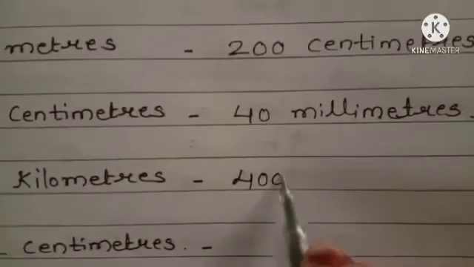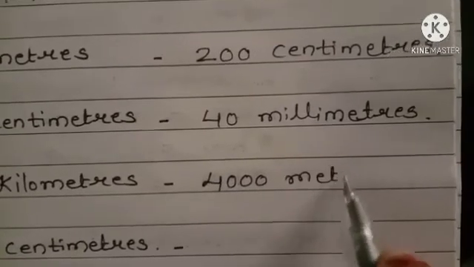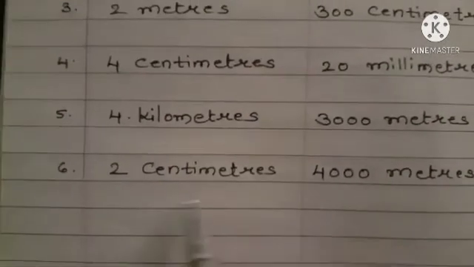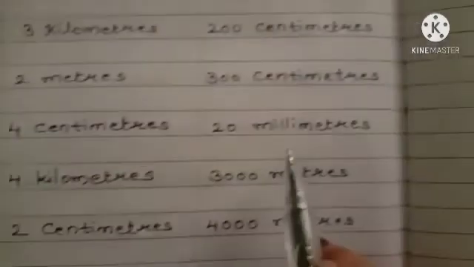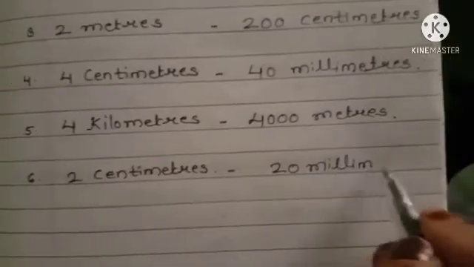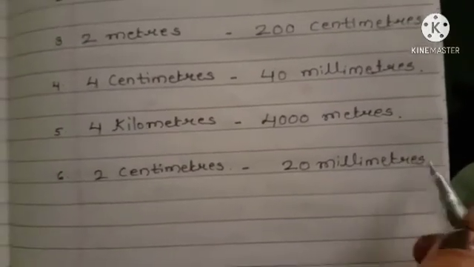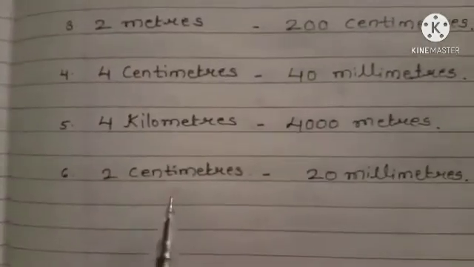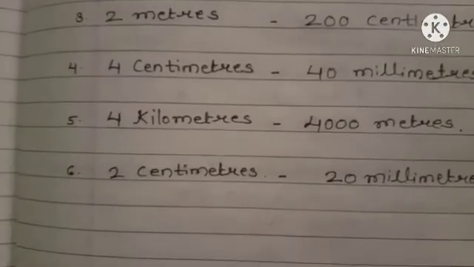So we'll write here 4000 meters. Next is 2 centimeters. 1 centimeter is equal to 10 millimeter. So 2 centimeters is equal to 20 millimeters. So in this way you have to find out the answer from the column B, and then you will write on the next page in neat and clean handwriting.